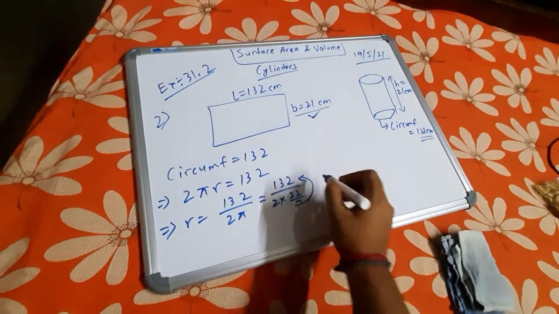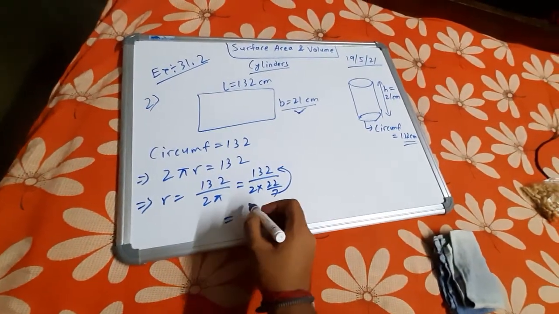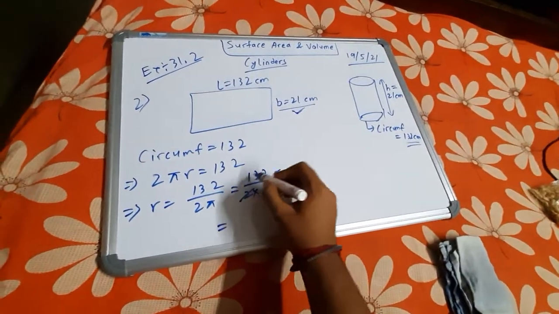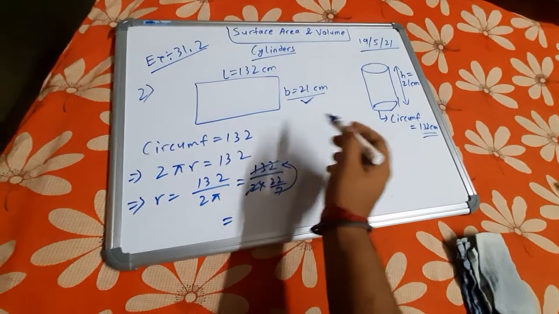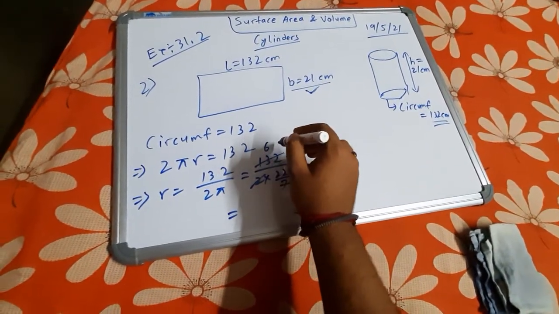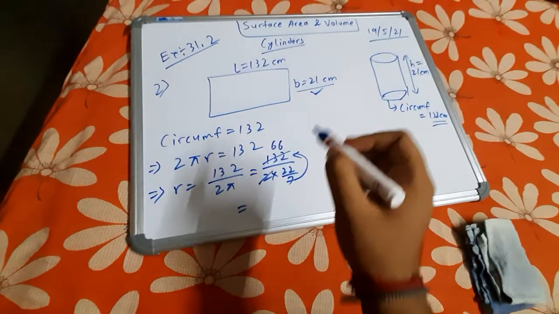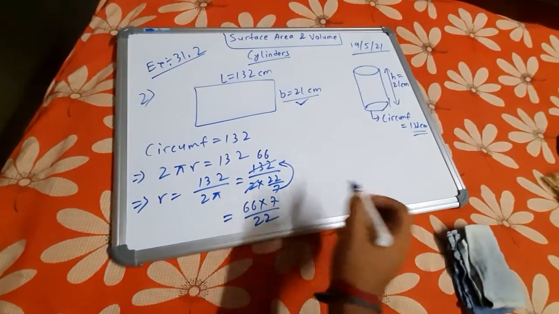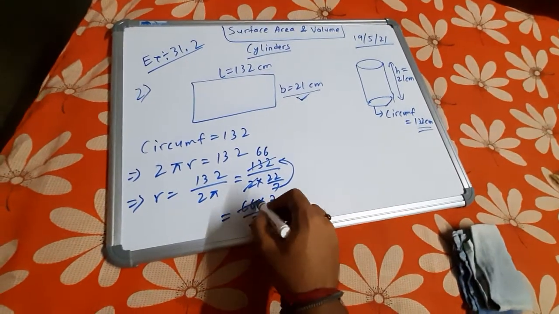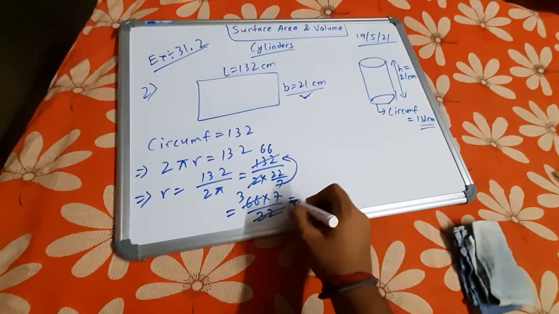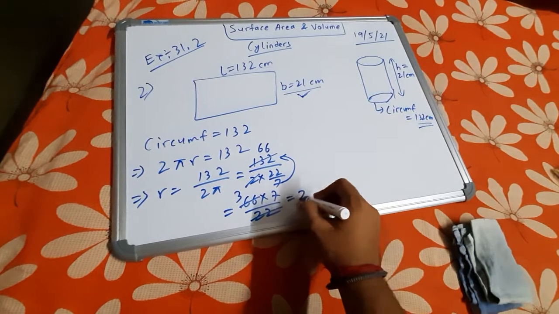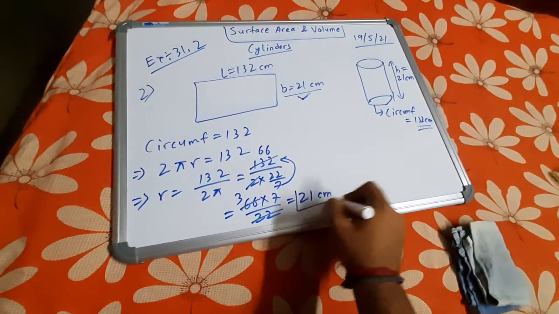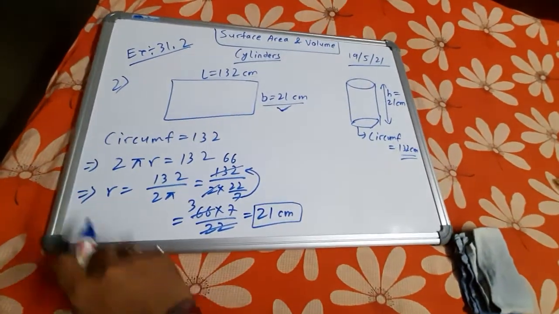That 7 goes on the top, and cutting with 2, 132 becomes 66. So it is 66 into 7 by 22. Now 22 and 66 can be cut using 3, and 3 into 7 is 21. So the radius is also 21 centimeter.